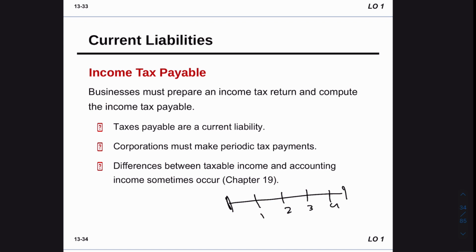The company estimates every quarter what their profit is, and based on it they pay some taxes. These taxes are considered current liabilities, and the corporation must make periodic tax payments. There's a difference between taxable income and accounting income, which sometimes occurs, and you will cover this in chapter 19, which is Intermediate Accounting 2 in depth.